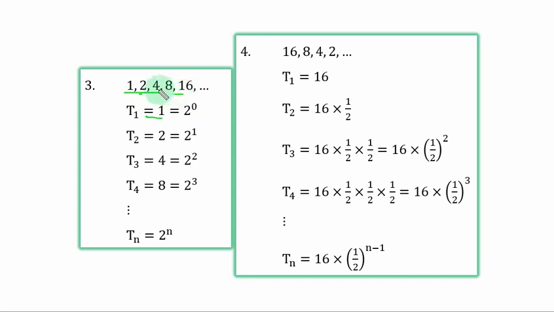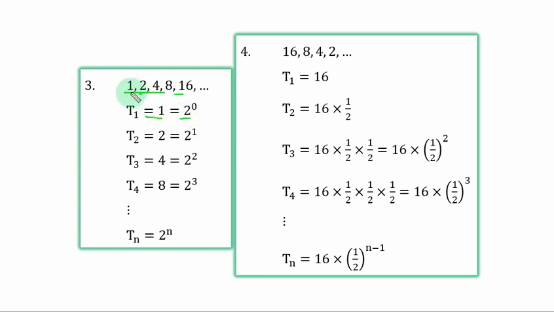You can express 4 as base 2 power 2. You can express 8 and 16 in the same format. That means base 2 is common. Then, can you express 1 as base 2 also? Yes. That is 2 power 0.